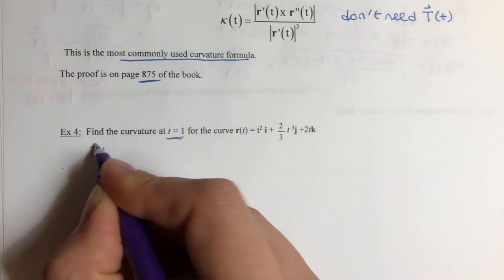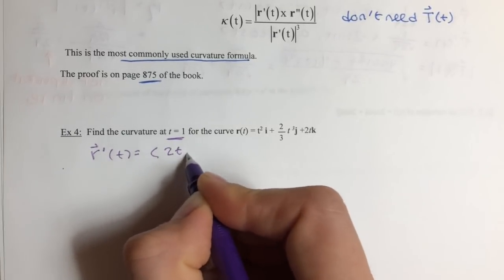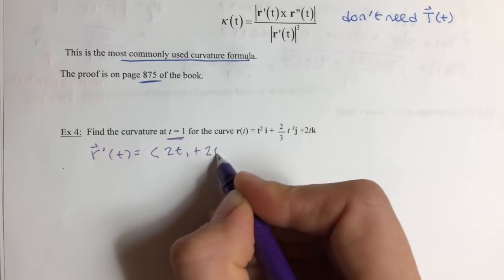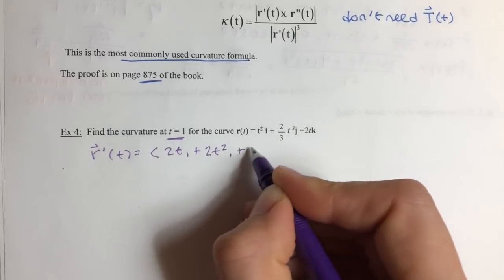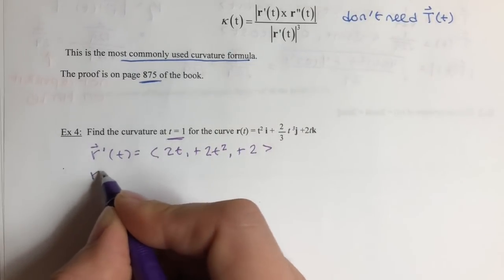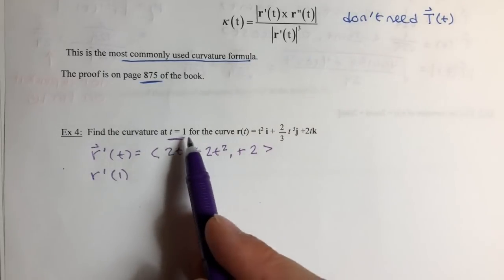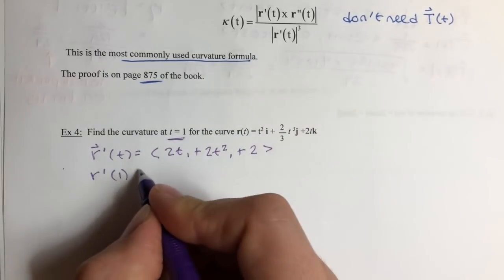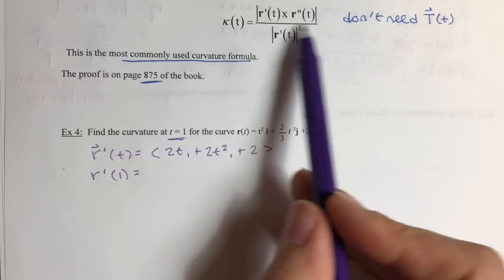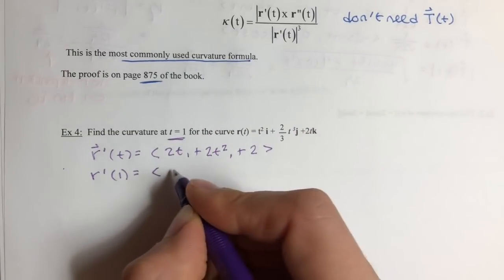So my first derivative of the vector r will be 2t, 2t squared, 2. That's a lot of 2's. That means that r prime of 1, because remember, I'm not going to cross the vectors in general if I've got a specific time. Let's plug in values as we go along, because later when I need to take the cross product, I definitely don't want it to be with functions.